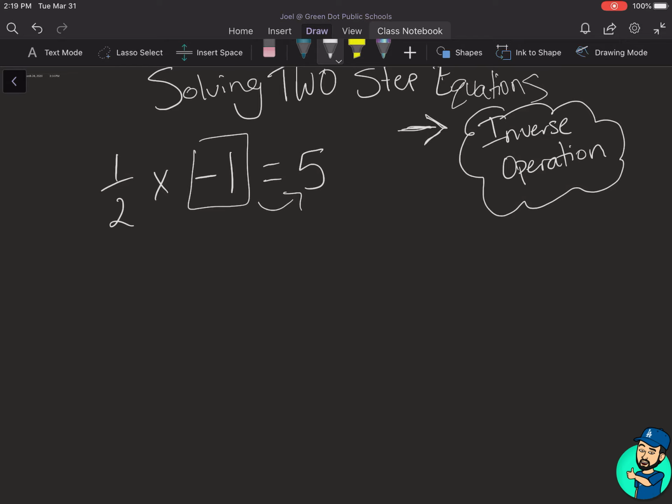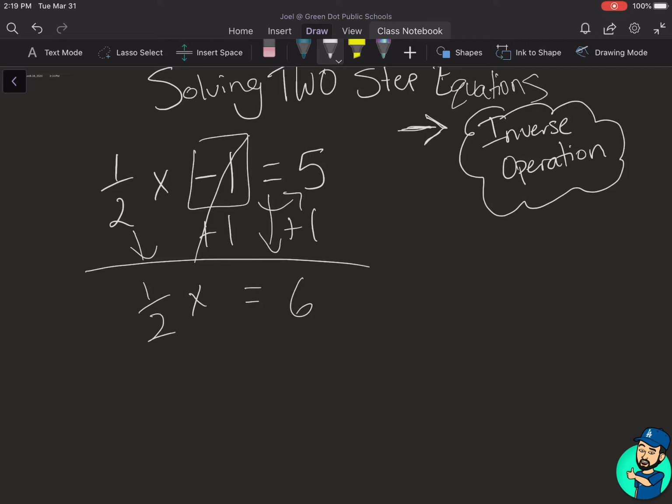What is the opposite or the inverse operation of negative 1 or minus 1? Is adding 1 or positive 1. That way, this cancels out. And now I bring down half of x. I bring down the equal sign. And 5 plus 1 is 6.